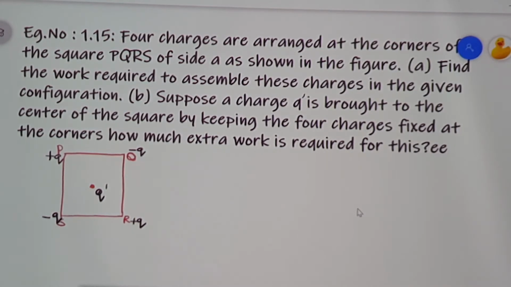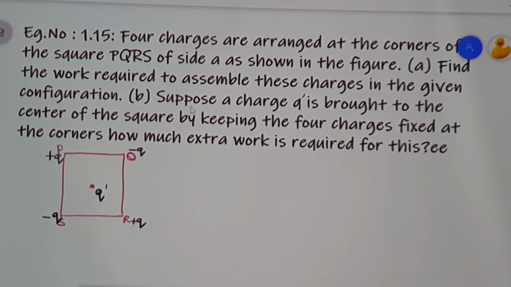Then the second one, look at the diagram. At the center of the square, you have another charge Q dash. In order to bring this charge Q dash to the center, keeping these four charges constant, what is the extra work required? That is the problem.